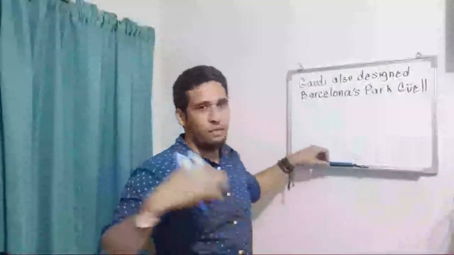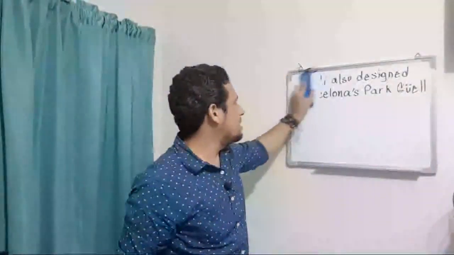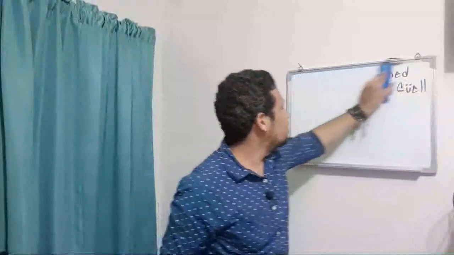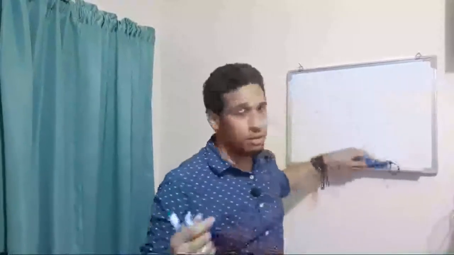So different to the defining, right? Relative clause. The defining relative clause no se le puede quitar ninguna fracción de la oración porque todo tiene sentido. Right? Everything makes sense.